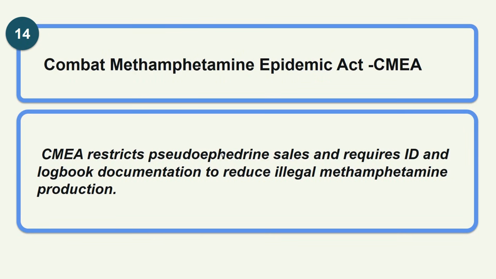The act was designed against misuse of pseudoephedrine, because pseudoephedrine can be converted to methamphetamine illegally. Therefore, to avoid that misuse, there are restrictions on the quantity of pseudoephedrine sold per day and also the total quantity per month.